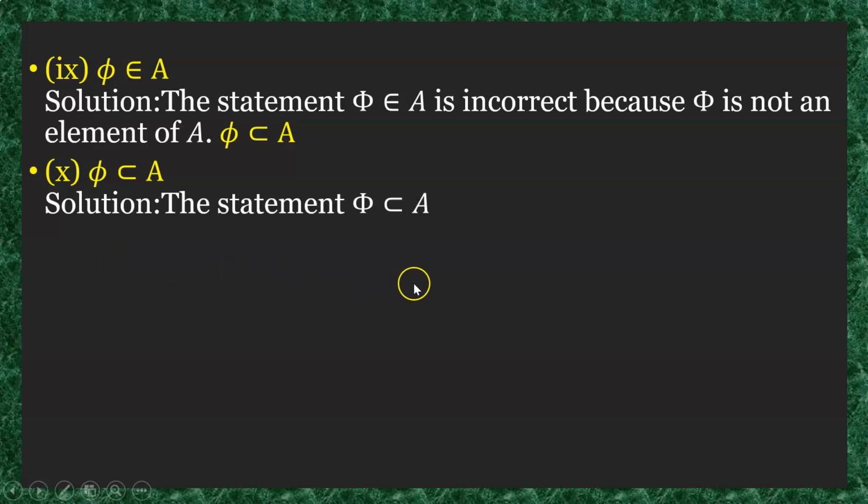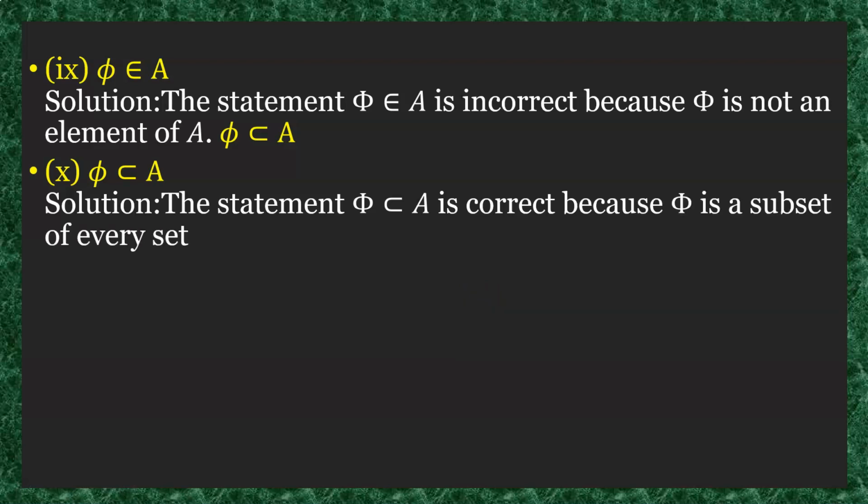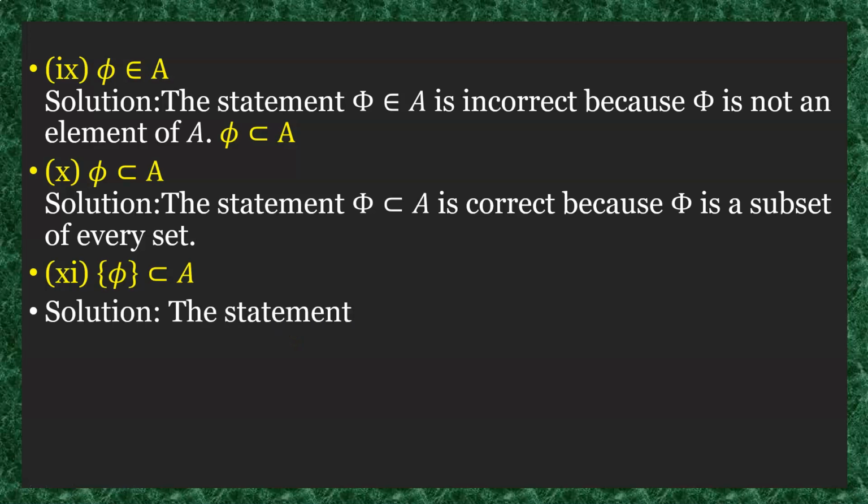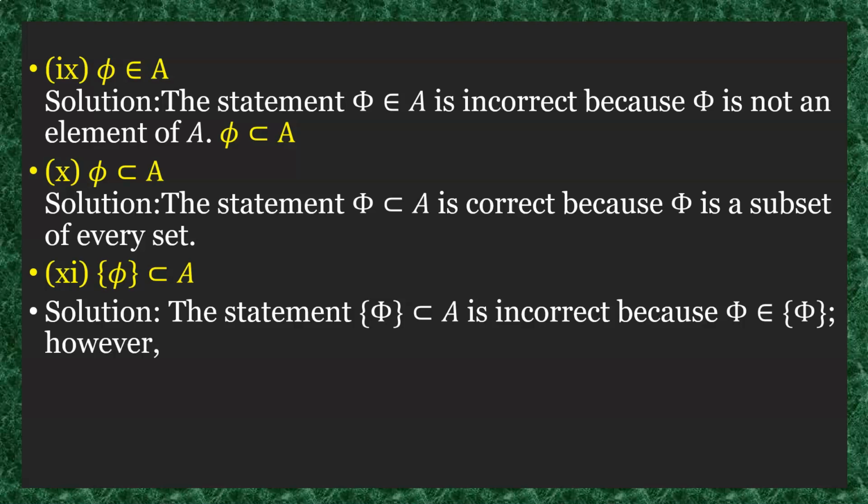The statement phi is a subset of A is correct because phi is a subset of every set. Next, {phi}, that is this set {phi}, is a subset of A. The statement is incorrect because phi belongs to {phi}. That's it. However, phi does not belong to A.